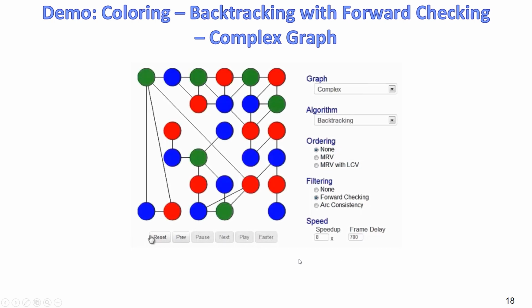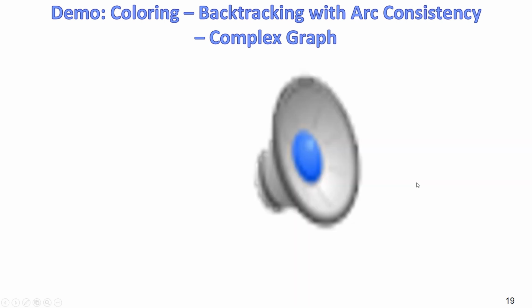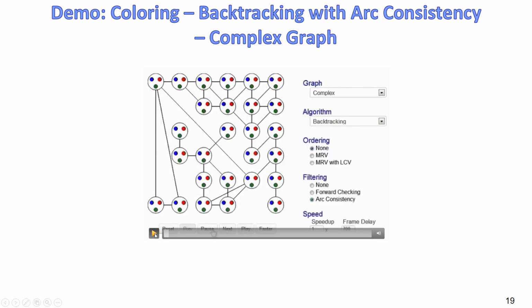Although, as you will see, the situation will be different with arc consistency. But forward checking goes into the future, but it doesn't go deep enough into the future to find something like this problem. Now let's switch to arc consistency and see on the same exact problem what will happen.